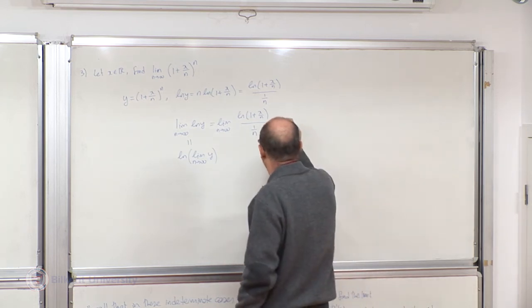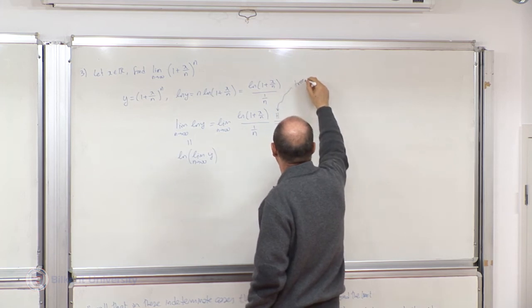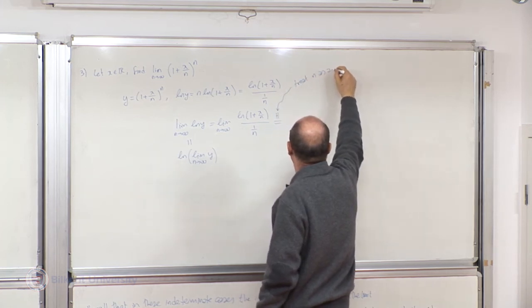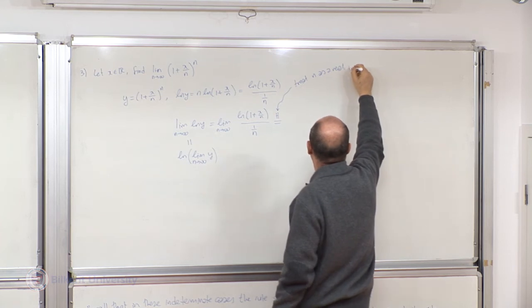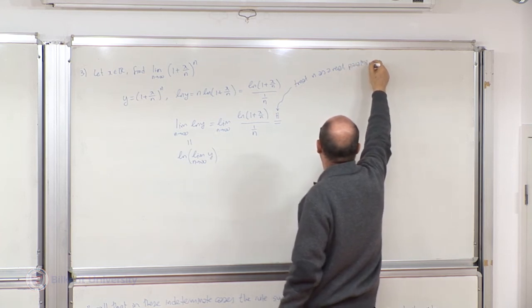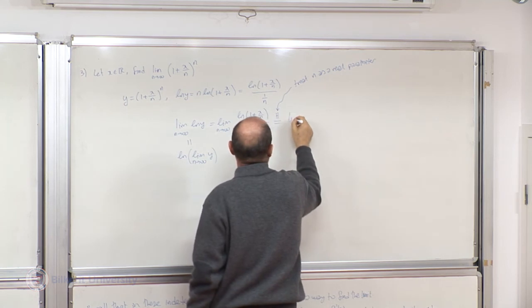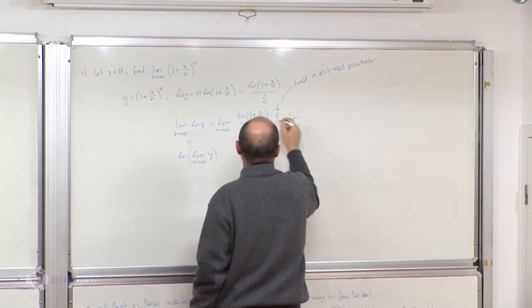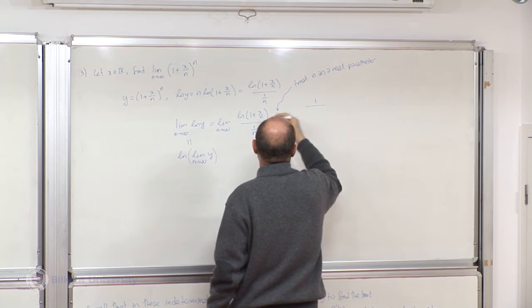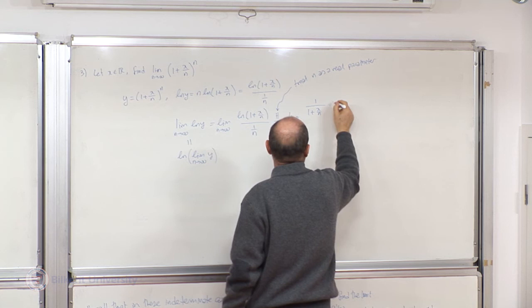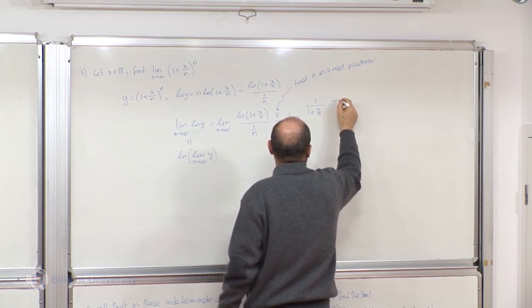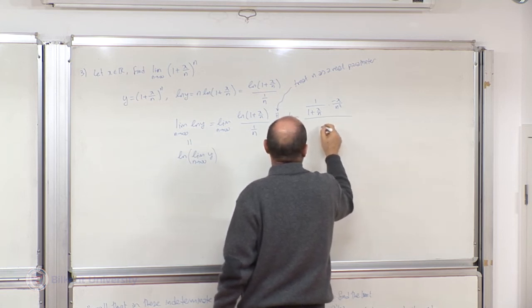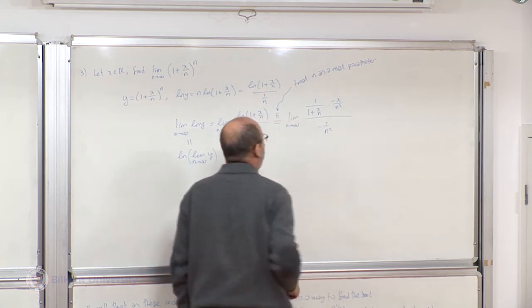Okay, so here we use L'Hopital. Okay, so treat n as a real parameter. So limit n goes to infinity, derivative of this with respect to n, 1 plus x over n times derivative of this is minus x over n square, and this is minus 1 over n square.